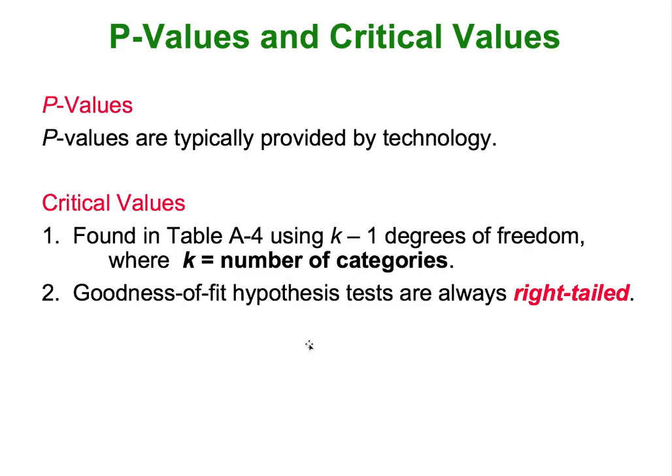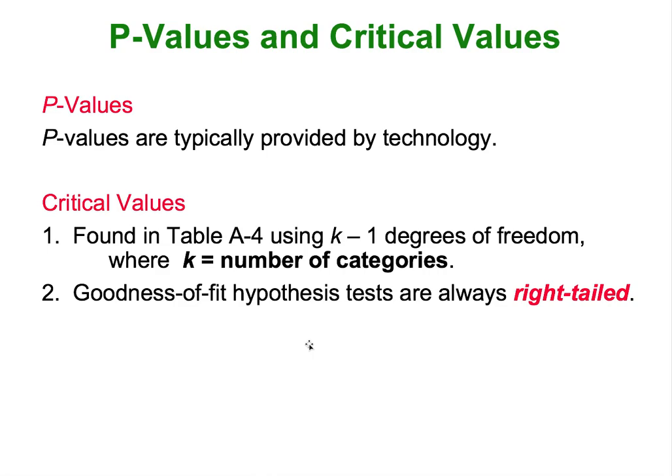Critical values: now we're not going to worry about p-values because I haven't covered that in this class. Critical values are found in table A4, the chi-square distribution, and we use k minus 1 degrees of freedom. K is the number of categories, not the sample size.